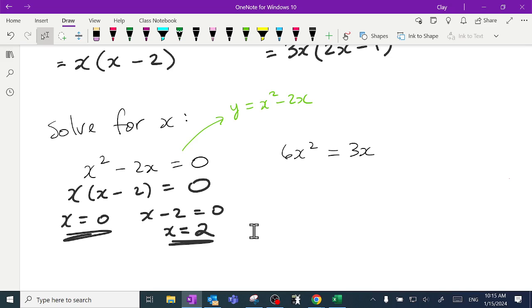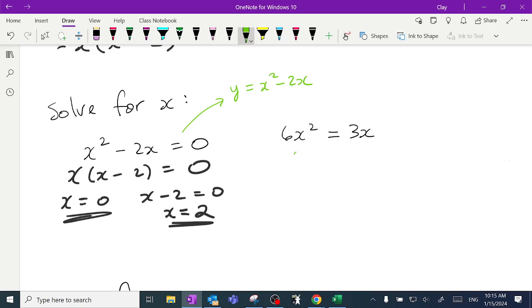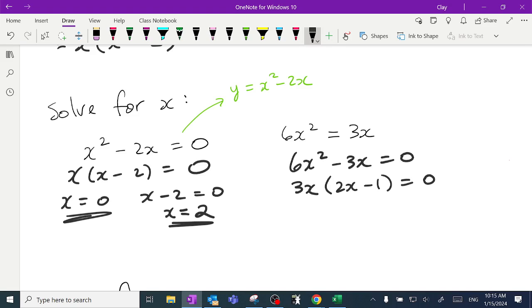Okay, this one here is basically the same as this example here. I would move the 3x over to this side, by subtraction, leaving nothing but 0 on that side. I can factor out 3x, leaving behind 2x minus 1. And then what makes this thing a 0?